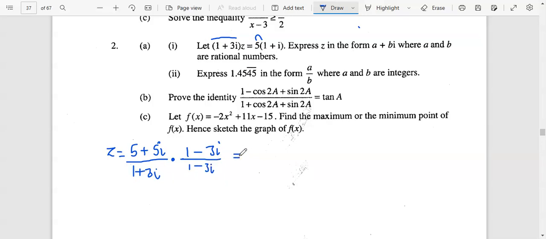So doing this on top: 5 times 1, which is a 5, 5 times negative 3i, which is negative 8i, and then 5i times 1, which is a positive 5i, 5i times negative 3i, negative 15i squared.